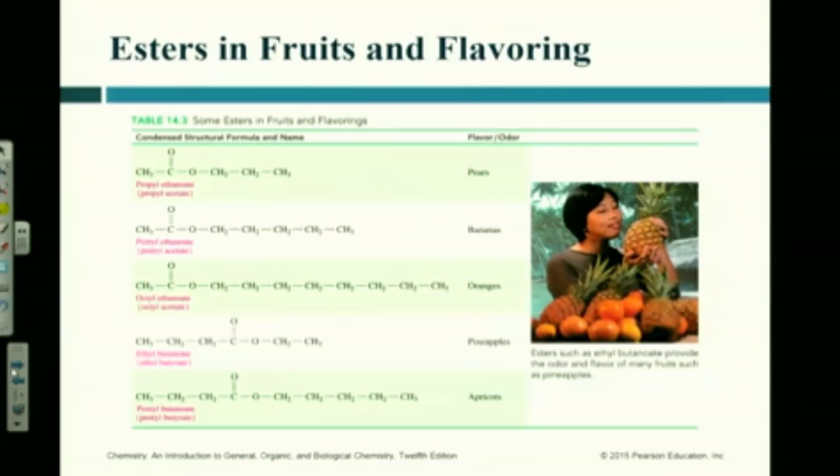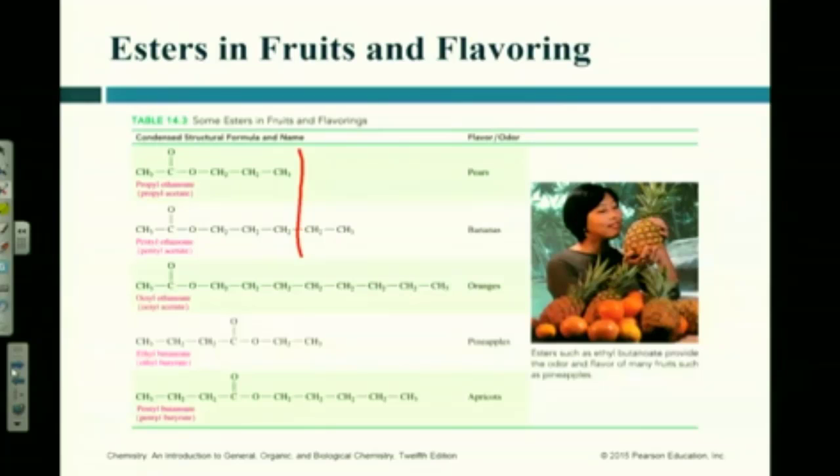Look at the difference in the molecules. How much difference is there? Look at the difference between pears and bananas. What's the difference in the molecules? There's 2 more carbons here, right? But you know the difference in the smell of a banana and a pear, don't you? You know the difference in the taste?